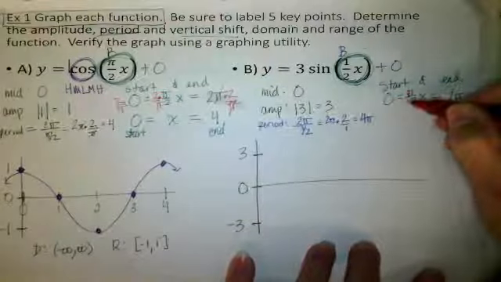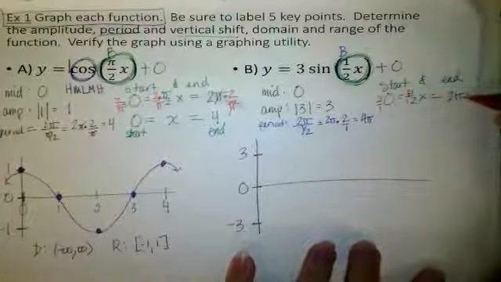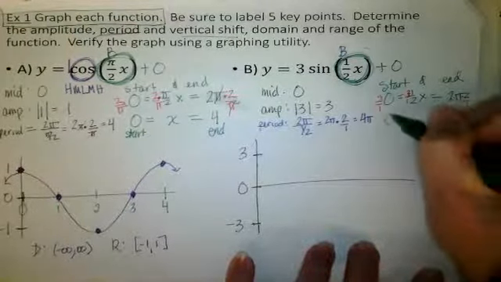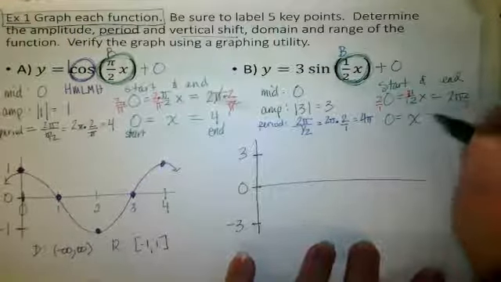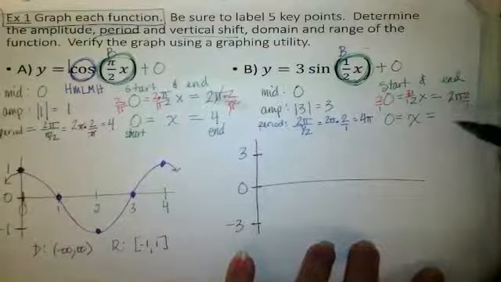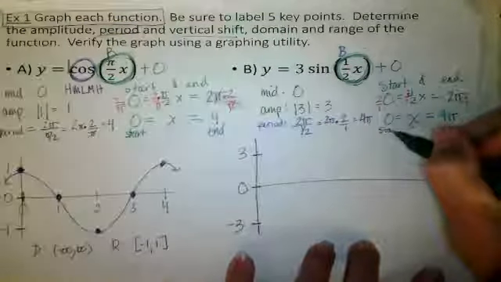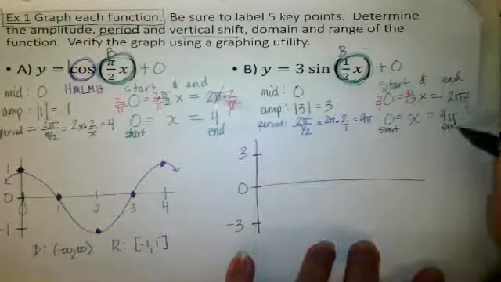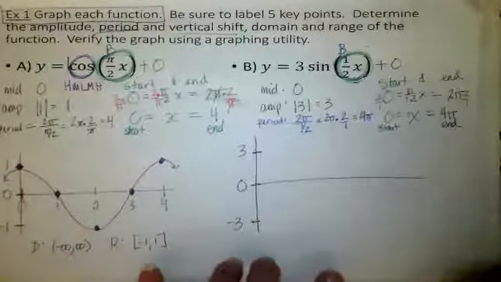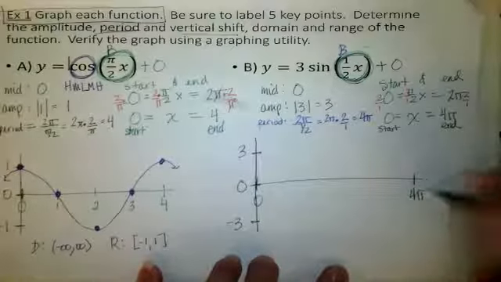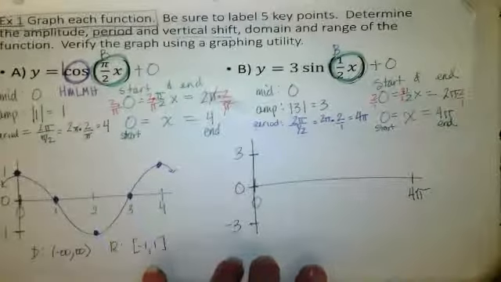Multiply by 2. Multiply by the reciprocal would be the easy thing to do. Good. So then 2 times 0 is 0, and 2 pi times 2, 4 pi. So my starting point is 0, and my new ending point is 4 pi.